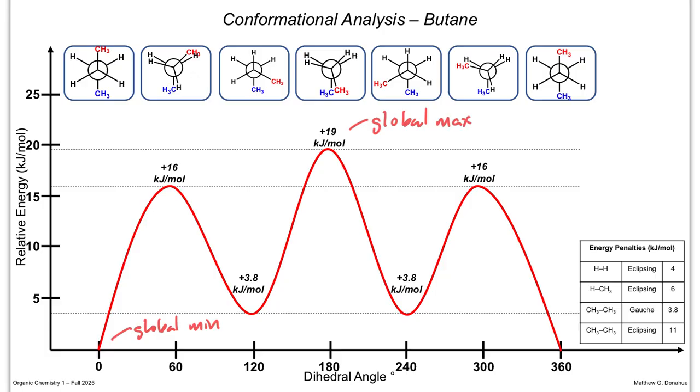And then between that, you have these local maximum, local minimum. Now, granted, for butane, you only have a local max and a local min, but as you start sprouting substituents off the carbon chain, you can get a lot more little peaks and valleys between that stuff.